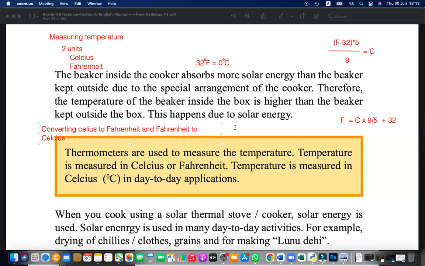That is the heading. Under that you can write these equations. Two equations. This is how we convert Fahrenheit to Celsius, and this is how we convert Celsius to Fahrenheit.